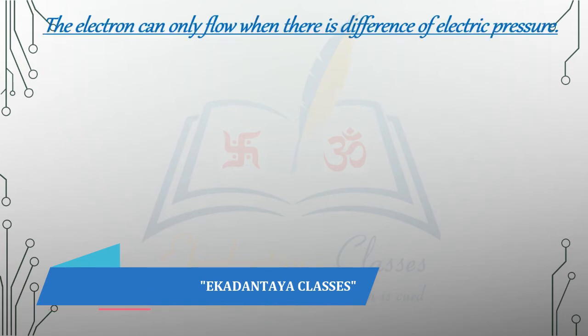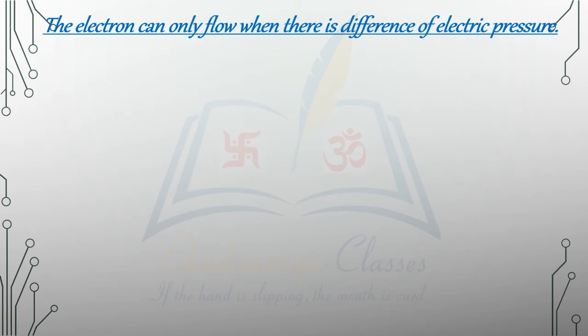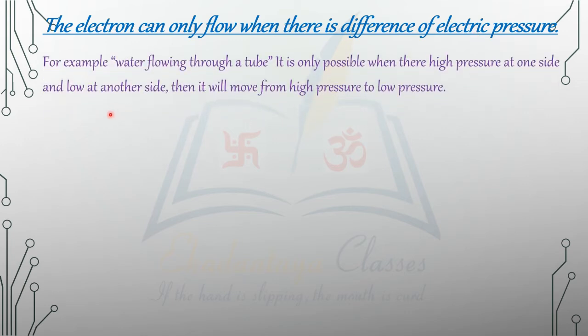Electrons can flow only when there is a difference of electric pressure. I will take an example and explain. For example, water flowing through a tube is only possible when there is high pressure on one side and low pressure on the other side. Then only it will move from high pressure to low pressure.